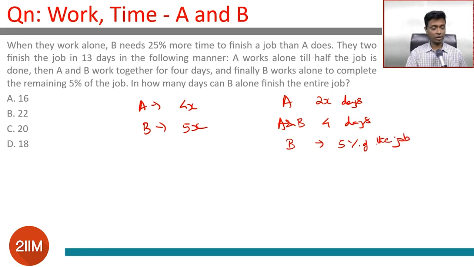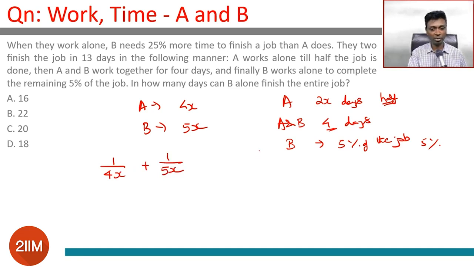A wonderful question, because the definitions are very different. It says half the job, 5% of the job, and then they work together for 4 days. So A and B together, working in one day, will finish 1 by 4x plus 1 by 5x.